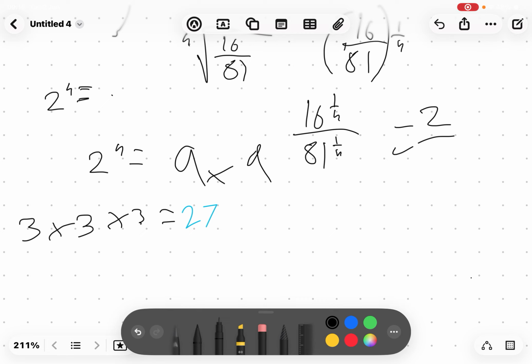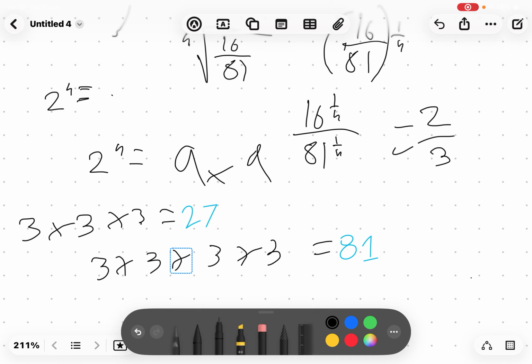What number? Oh, it would be 3. Sorry, guys, basically 3, not 3 times 3 times 3. It would be this, and this is equal to 81. So yeah, 3.